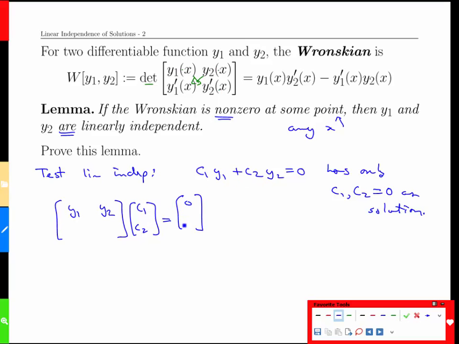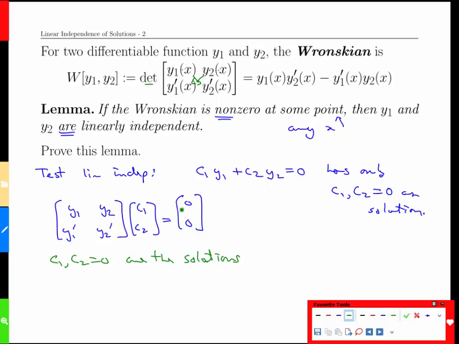It's the same condition. And we're going to add these other ingredients here for generality later on. And hey, we're actually in business here, because we're concerned whether c1, c2 equal to 0 are the only possible solutions.